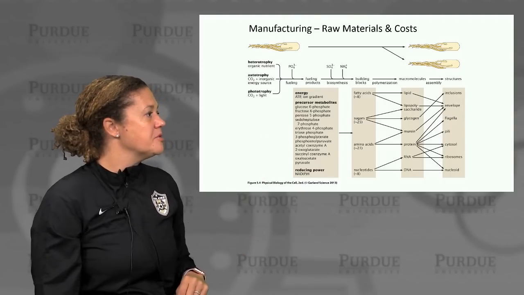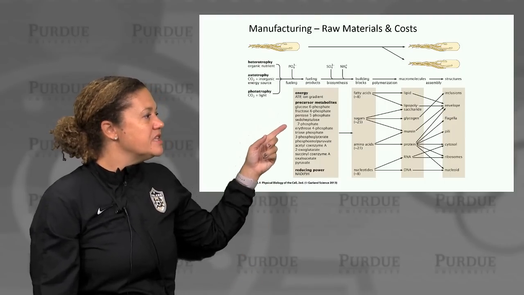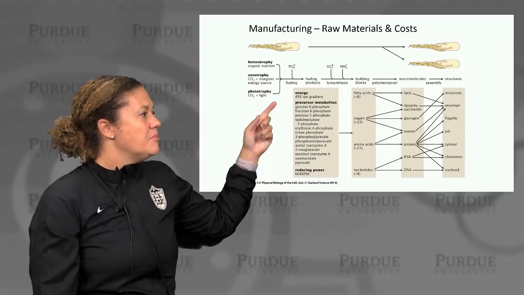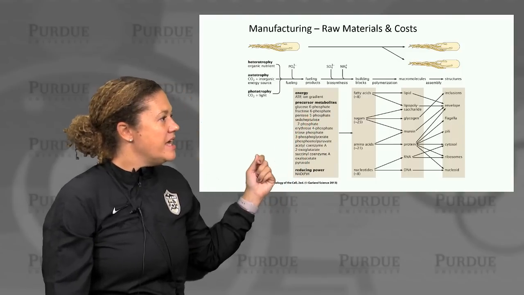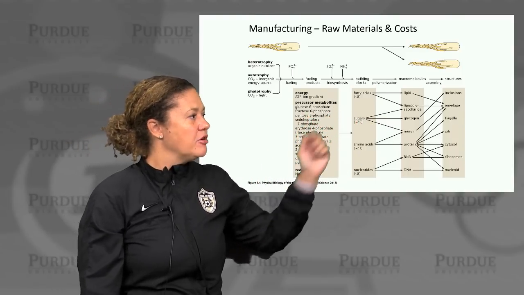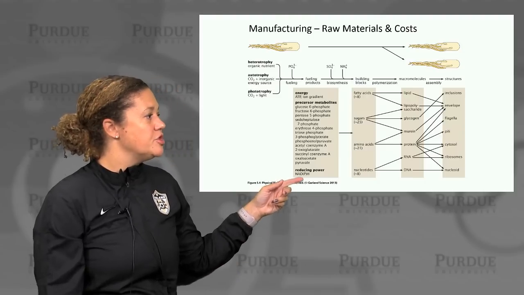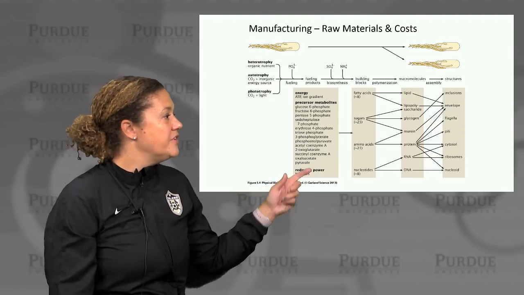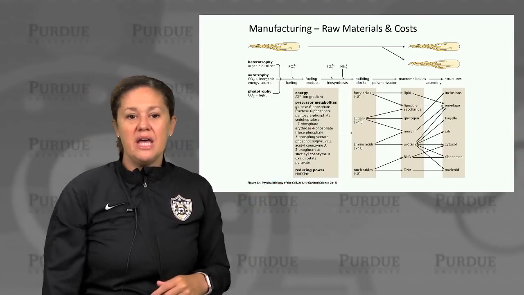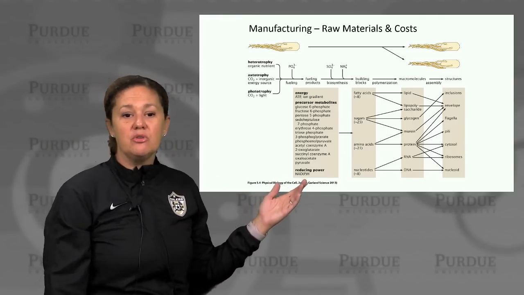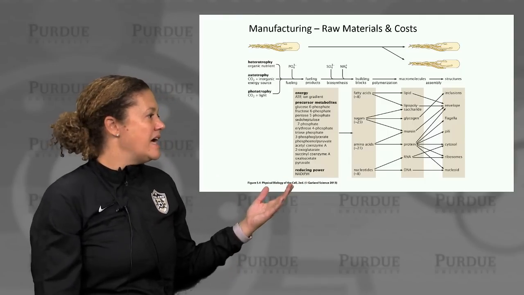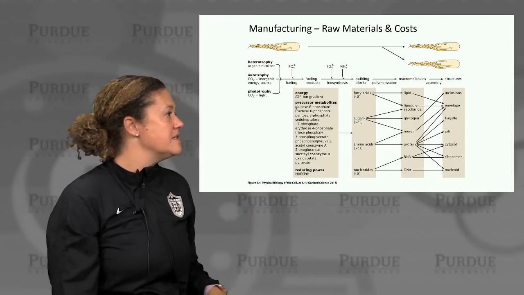We need precursor metabolites, and here's a list of the essential precursor metabolites that get turned into building blocks for our macromolecules, right? We also need some reducing power, very typically as the molecule NADPH or NADH, which is an electron-rich molecule. So this can act as an electron donor in our systems.